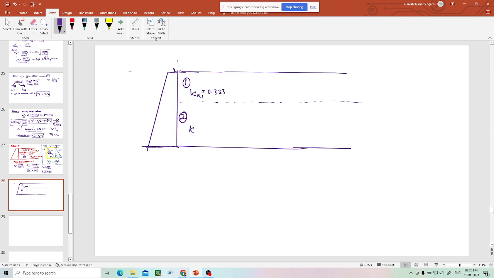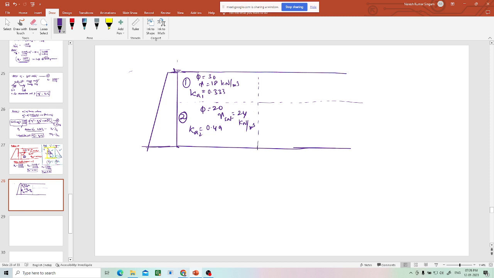Ka1 is 0.33, Ka2 is 0.49. Then phi is 30, gamma is 18, phi is 20, and gamma sat is 24 kilonewton per meter cube. So these are the values.